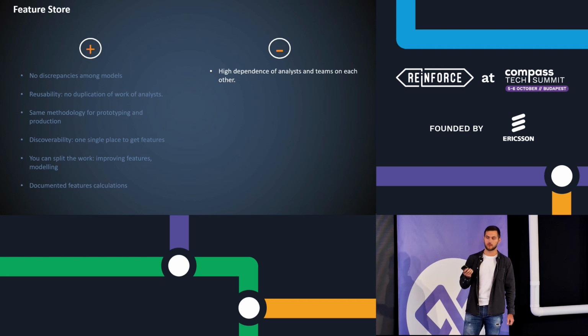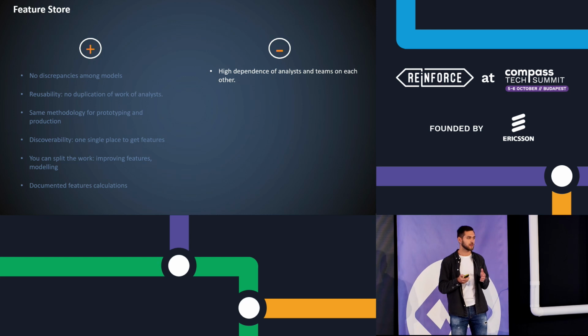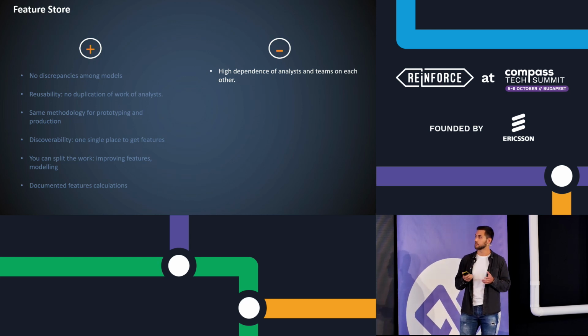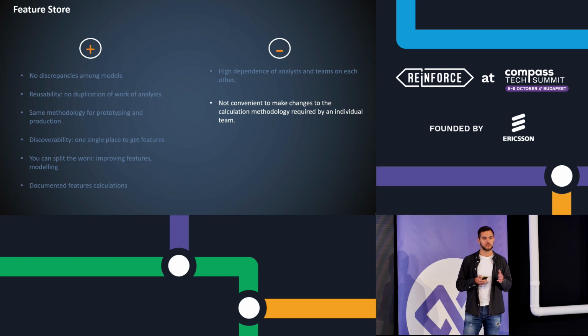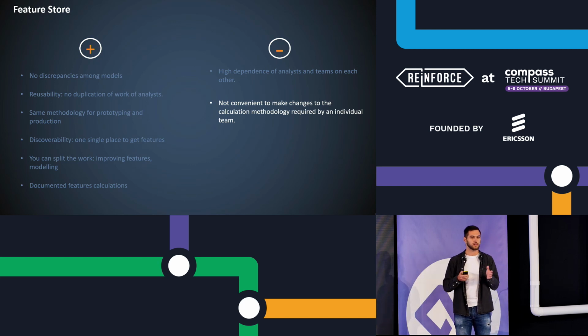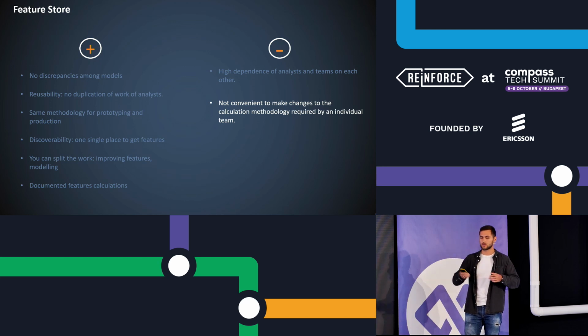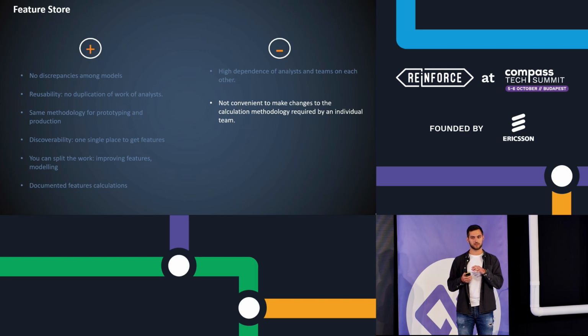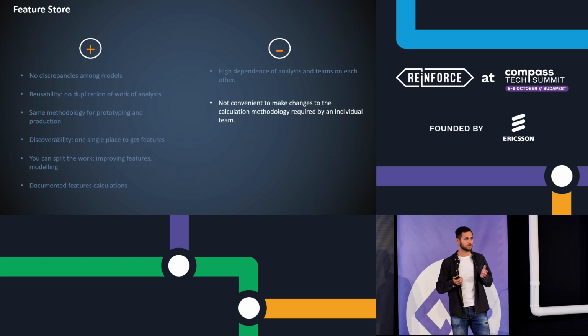What are the drawbacks? The first drawback is that teams and analysts are heavily dependent on each other, really heavily. It's not convenient to make any changes for individual needs. So, for example, my team needs another calculation of a factor. Okay, but in the feature store we cannot put it. You need to collect it manually. And basically, additional manual features are a normal thing when we need to upgrade our model and create such a new factor.